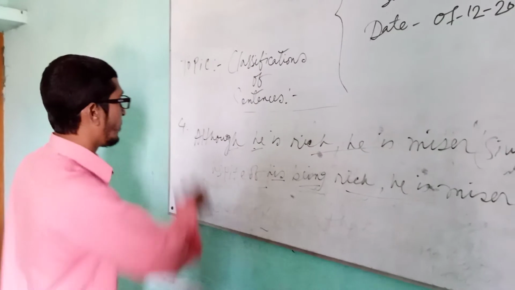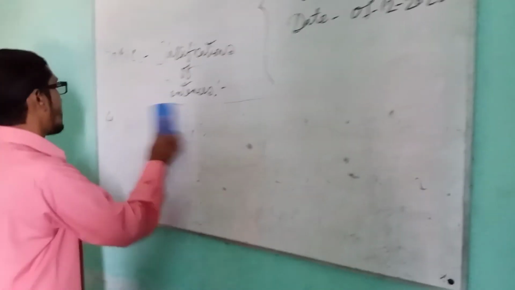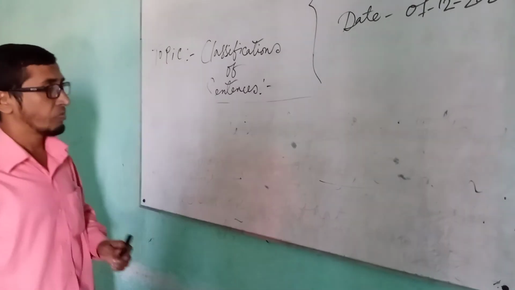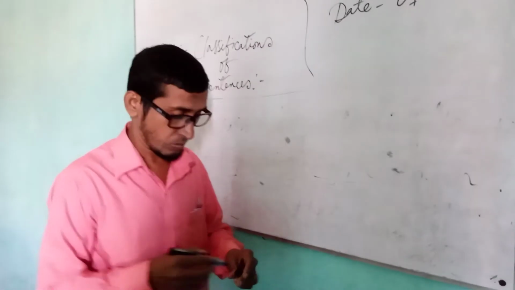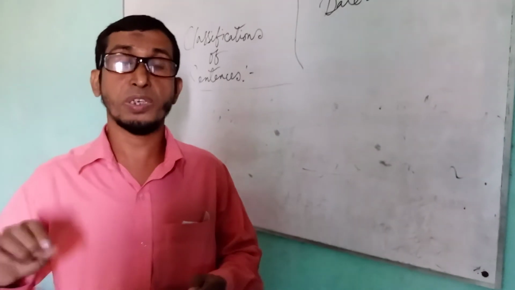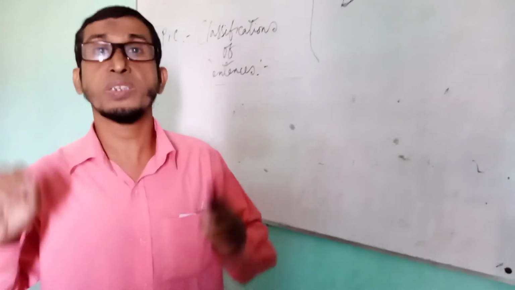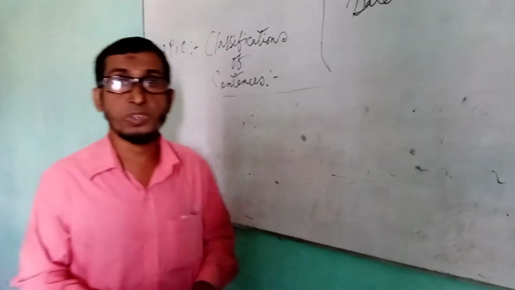So rule number 5: if the complex sentence starts with "if" plus positive, and you want to make a simple one, then we must start the sentence with "by" plus gerund, and the rest of the sentence will remain intact.